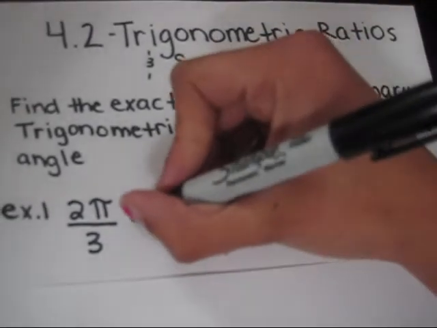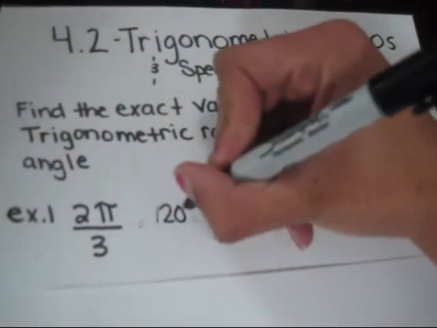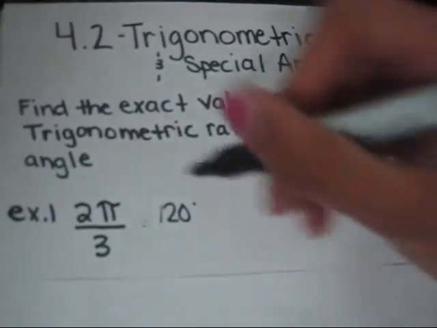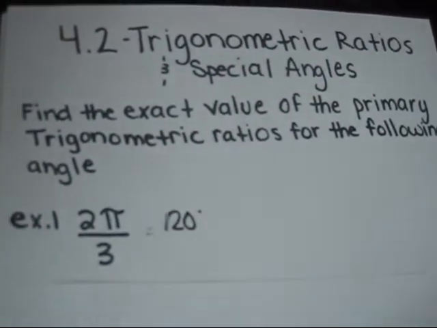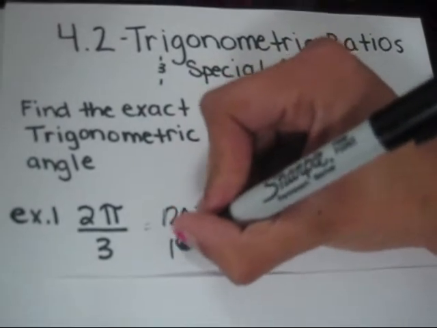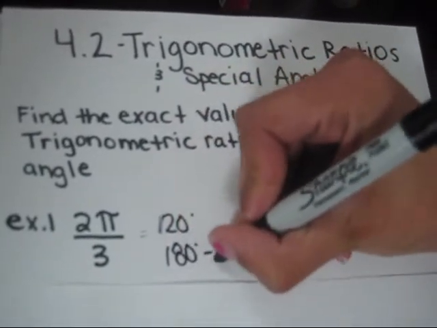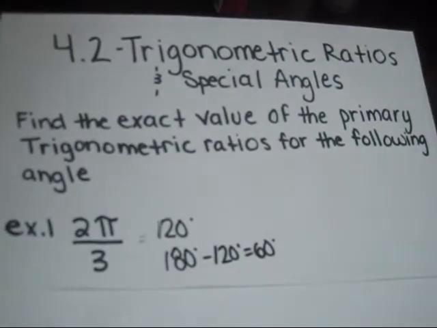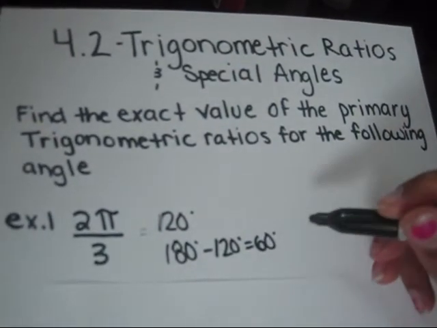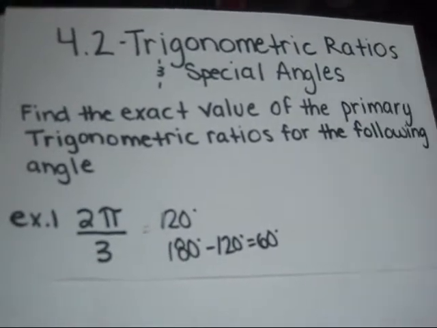Having known that this is equal to 120 degrees, we also know that this is in quadrant 2. Knowing that this is in quadrant 2, we take 180 minus 120, giving us 60 degrees. This is 60 degrees, also known as a special angle.